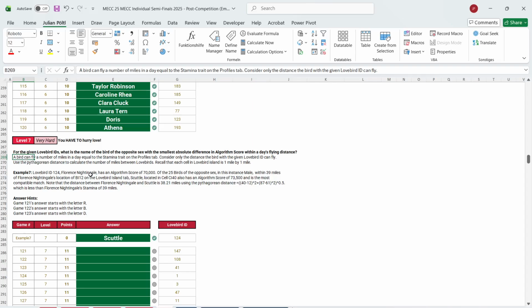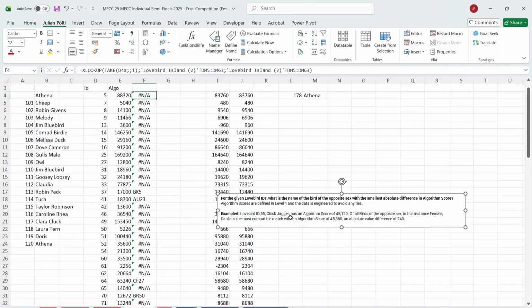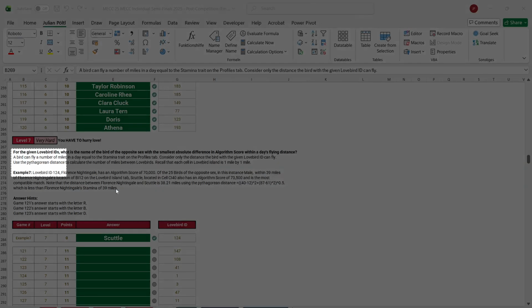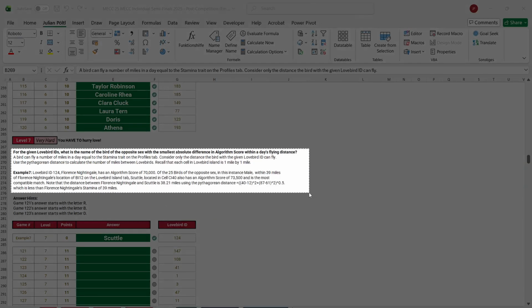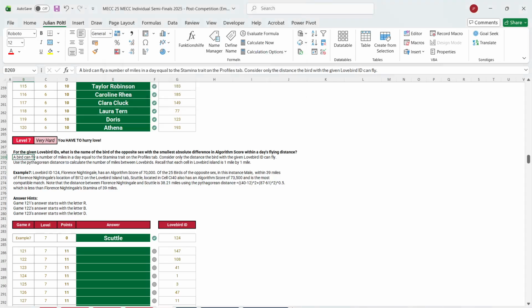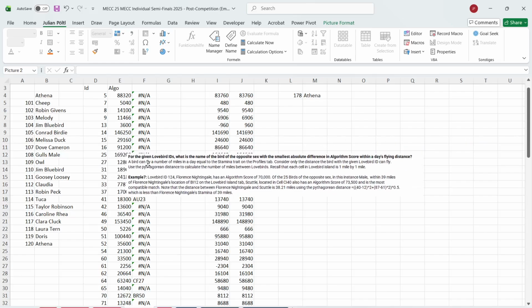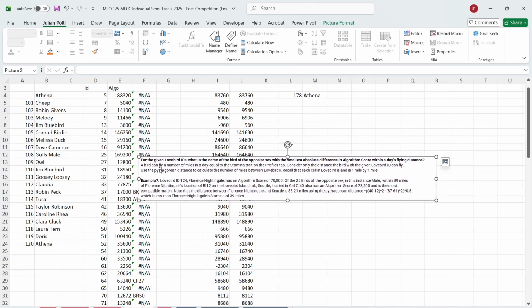Mice. Okay. For the given Lovebird IDs, what is the name of the bird of opposite sex, smallest absolute difference within the days?